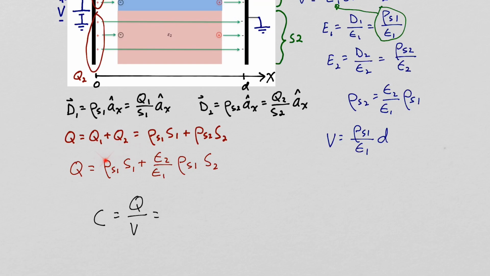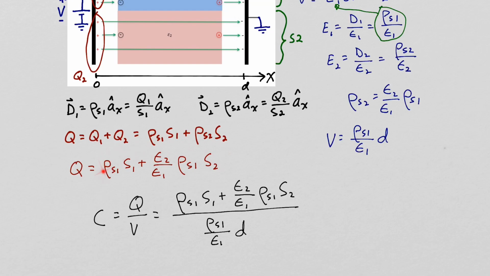Making this substitution for Q and this substitution for V, we have this expression. We can divide the numerator and denominator by rho sub S1. Multiplying numerator and denominator by epsilon sub 1, we get epsilon sub 1 S1 over D plus epsilon 2 S2 over D for the capacitance of our structure.